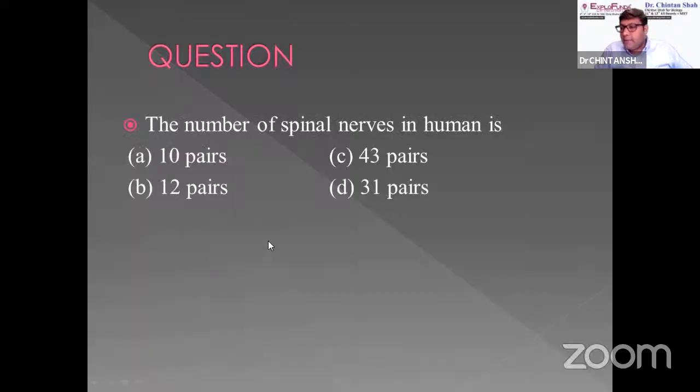Okay, what are the spinal nerves? Yes, 31 pairs, this is perfect. 31 pairs of the spinal nerves are present. Then how many cranial nerves are present? Yes, perfectly fine. The cranial nerves are 12 pairs.